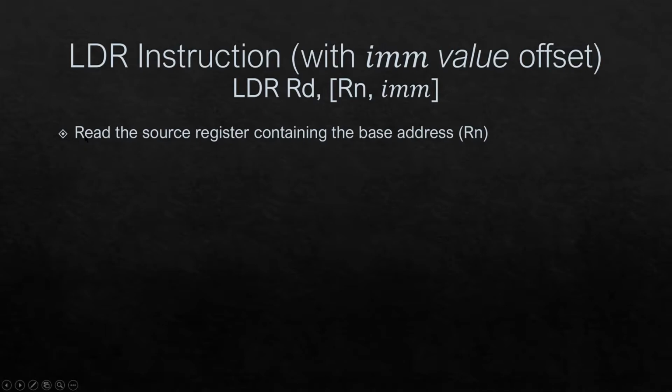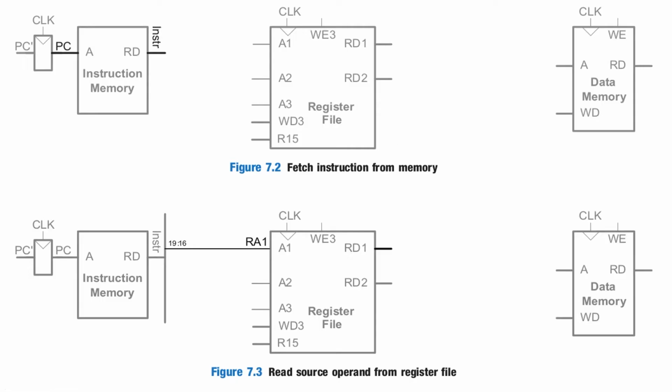The first thing that we're going to be doing in an LDR instruction under a single cycle microarchitecture is to read the source register containing the base address from the instruction memory. This is the diagram of the first step in an LDR instruction. We have the instruction memory, the register file, and the data memory.